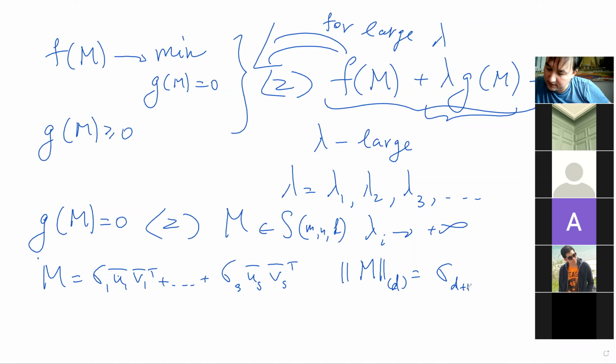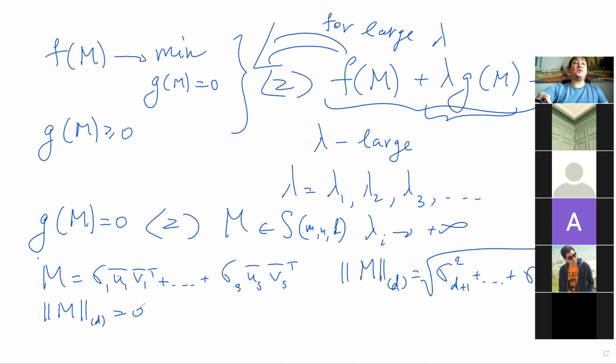Actually, we can consider, of course, the squared variant. Let me ask you the question. Let's suppose that we defined the function in the following way. Roughly speaking, this is just the sum of squared singular values starting from d plus 1. Then when this thing is equal to 0, who can tell me what it means for some matrix?